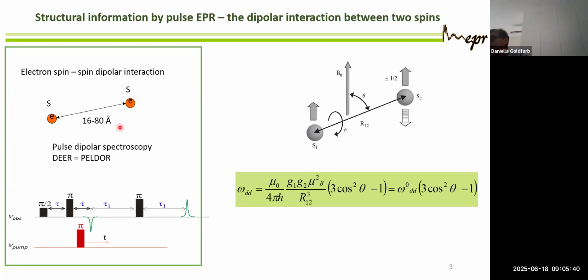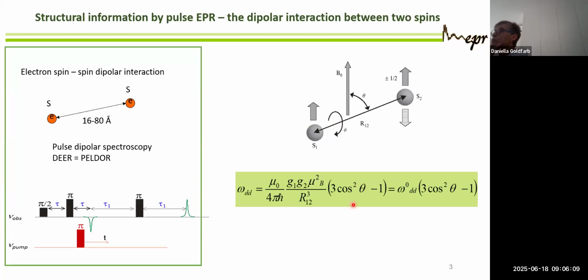Now, the dipolar interaction between two electron spins, you see the equation that I guess you are all familiar with, and it depends on the orientation relative to the magnetic field. Here, these are the two spins. There's a vector connecting the two, and this is the angle this vector makes with the field, and this is the distance.